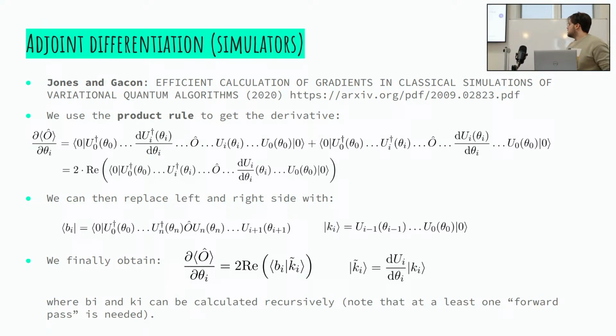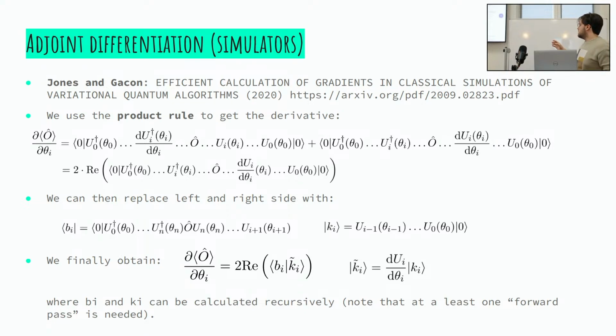After that, you see that with this expression, you can separate it in two parts. So you have the Bi, that is the bra on the left side, that takes everything from U0 to UN, going through O, and then going back to i plus 1.